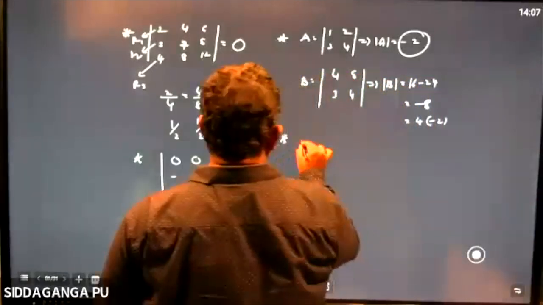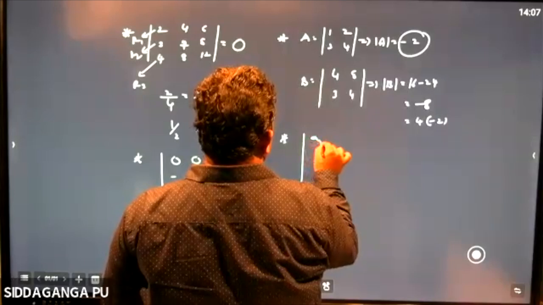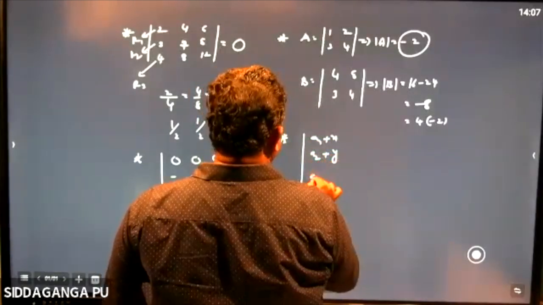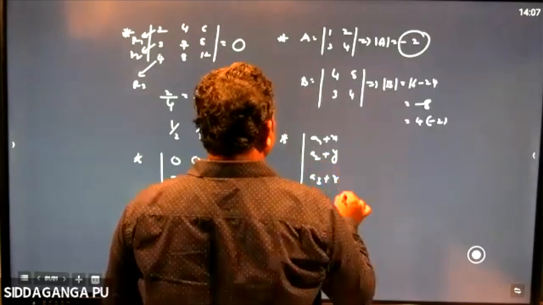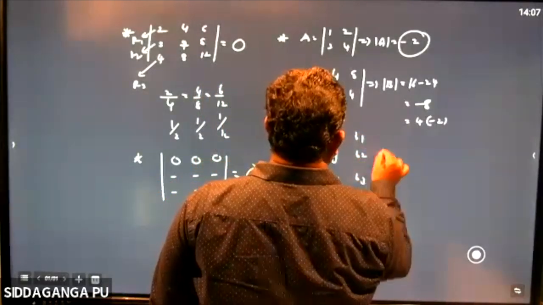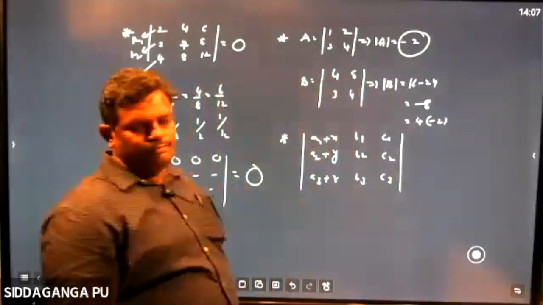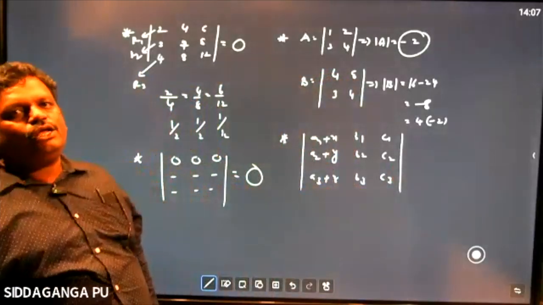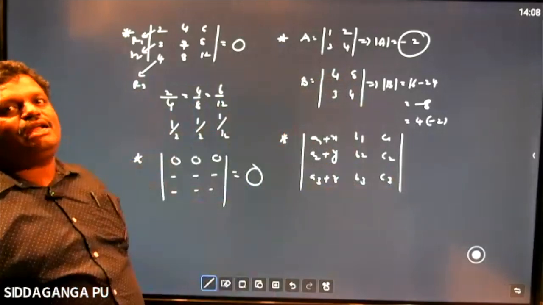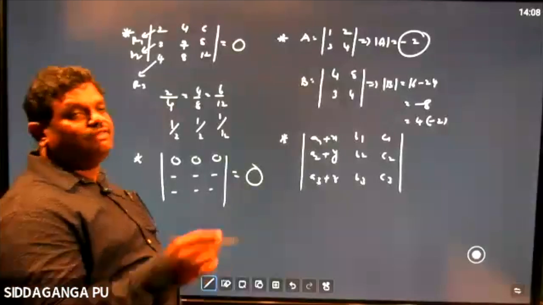Another property: in the determinant of a square matrix, suppose a1 plus x, a2 plus y, a3 plus z, here b1 b2 b3, and c1 c2 c3. If any row or column can be expressed as the sum of two numbers, then the determinant can be expressed as the sum of two determinants of the same order.